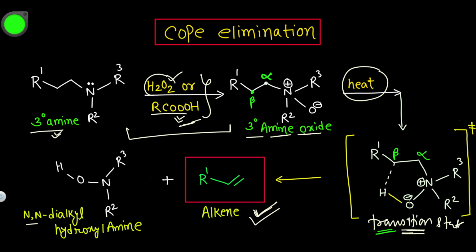So this O minus is taking a proton from this beta carbon, this hydrogen attached to this beta position. Then you will get an alkene by elimination reaction. That's why this reaction name is Cope elimination.